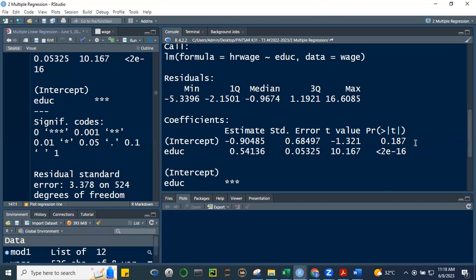The null hypothesis here is that B0 is equal to 0, and for the slope, the null hypothesis is B1 is equal to 0. Of the two, we fail to reject the null hypothesis for the intercept. However, we said that as regards the intercept, we still include it in the model, even if it's not significant. For the independent variables, if they're not significant, then we will not include them in the model.